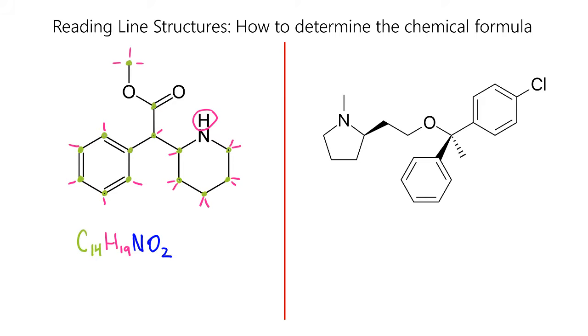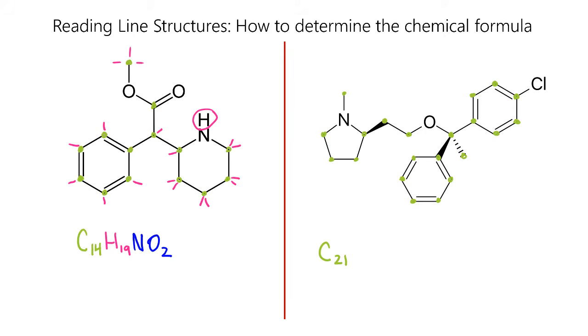In the very last example, we're going to count up all of our carbons again, and we have something that looks a little different, those weird looking bonds I'll explain in just a minute. 1, 2, 3, 4, 5, 6, 7, 8, 9, 10, 11, 12, 13, 14, 15, 16, 17, 18, 19, 20, 21. So we have C21.